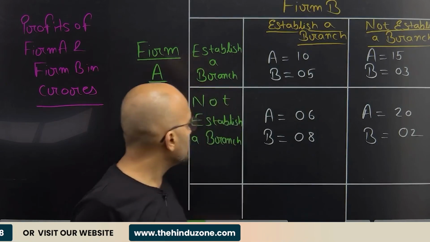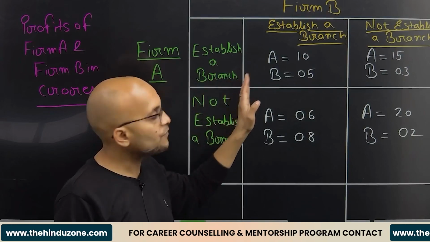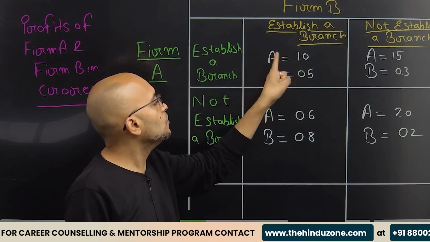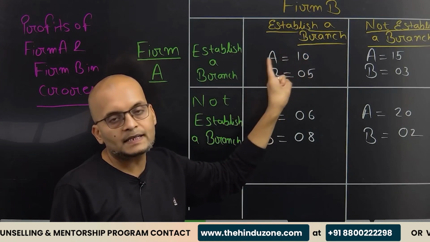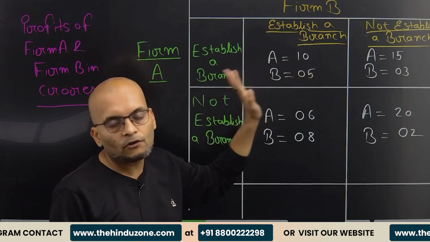If firm A establishes a branch and firm B has already opted to establish a branch, then firm A will get a profit of 10 CR and firm B will get a profit of 5 CR.